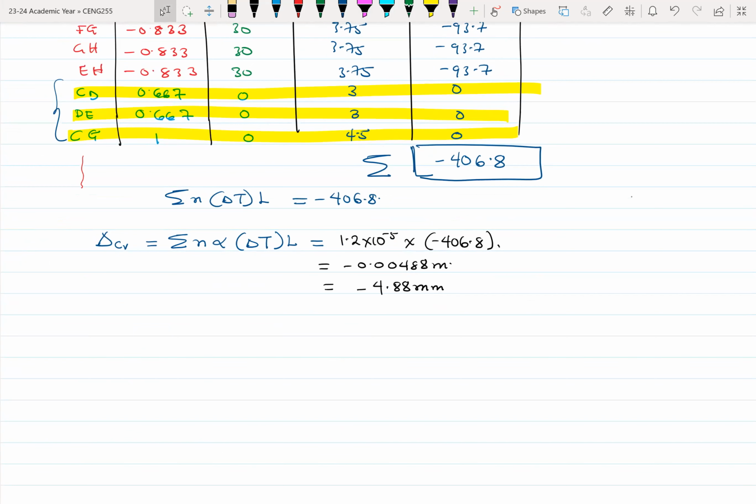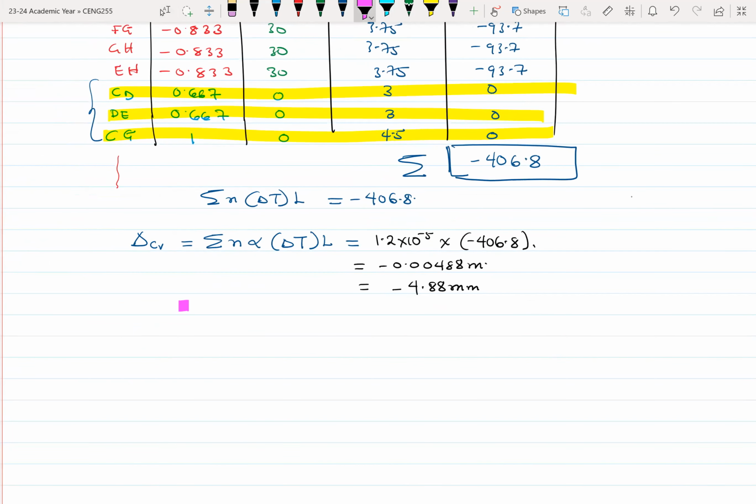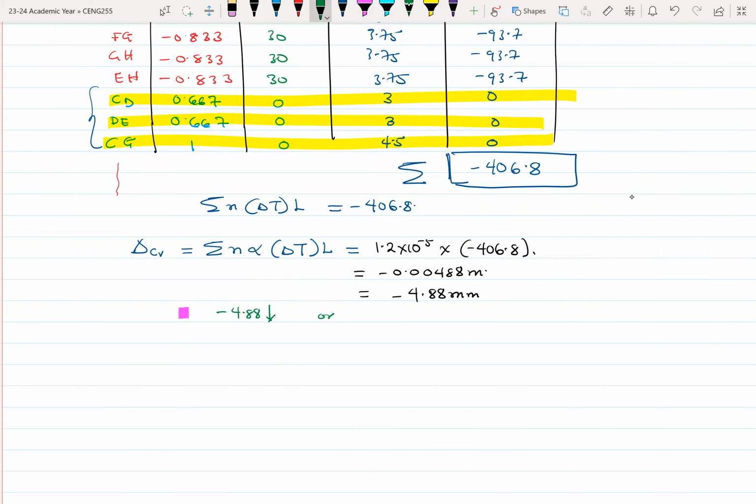We all know that this answer simply means that it is minus 4.88 this way. Or in some books, or if you want, you can actually go ahead and convert this to 4.88 millimeters and then show the arrow going upwards. They both are correct. All right, so you can use that approach if you want.